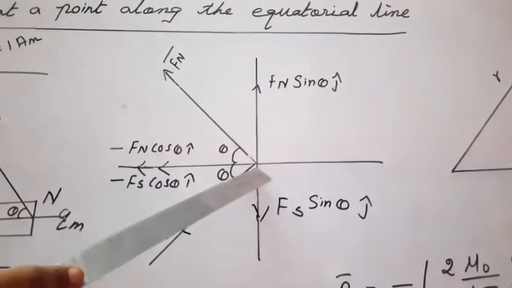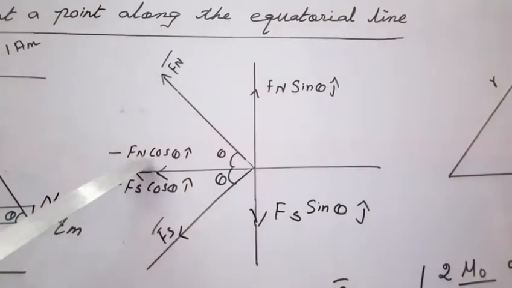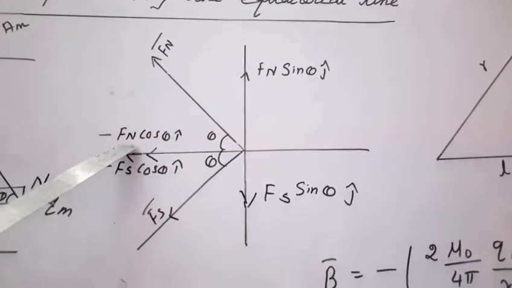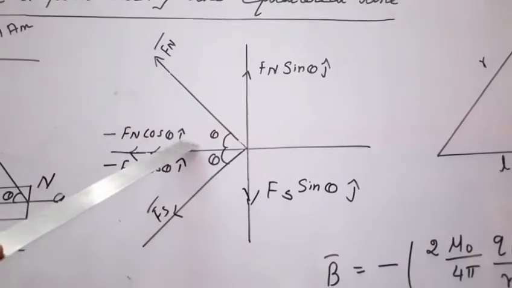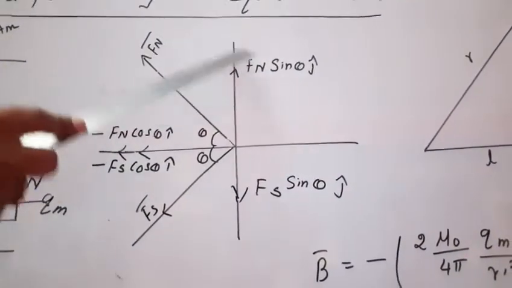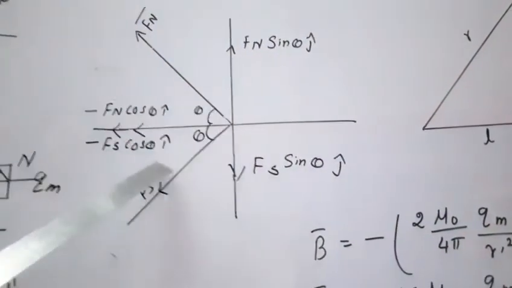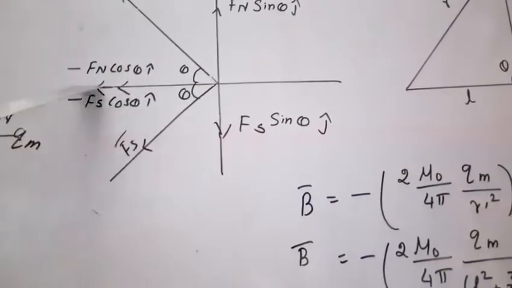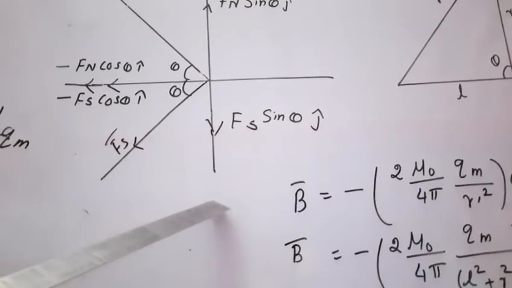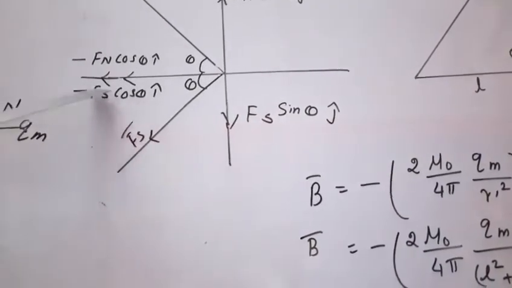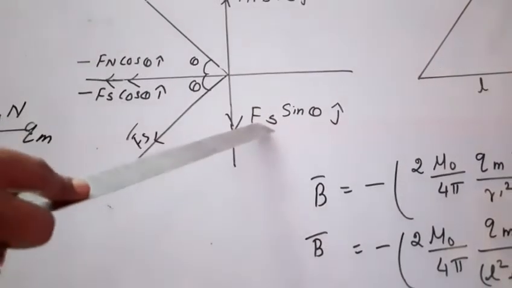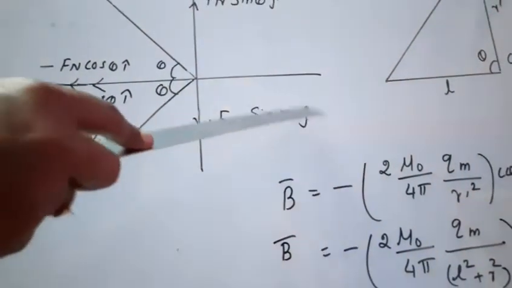So in this direction it is resolved as a minus i vector. Therefore, we can write minus Fn cos theta i cap, and here Fn sin theta j cap. And next the Fs force which is resolving in this direction, and here in the y direction. So we can write here minus Fs cos theta i, and here minus Fs sin theta j.